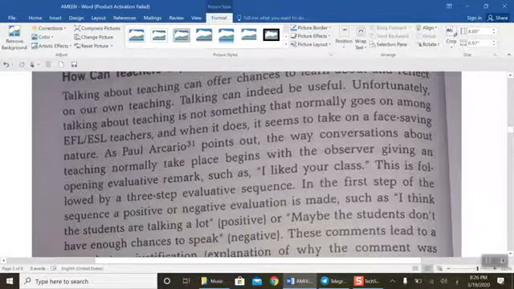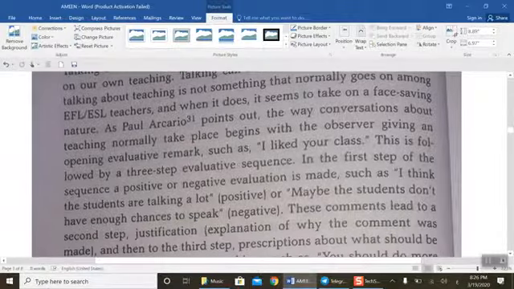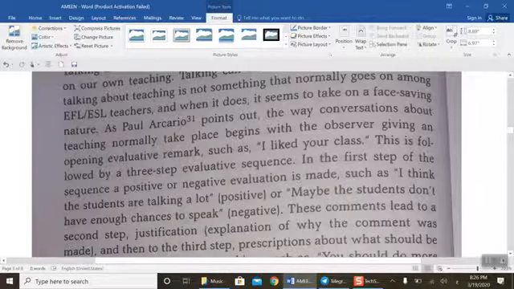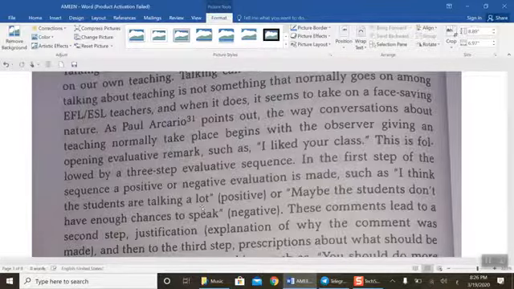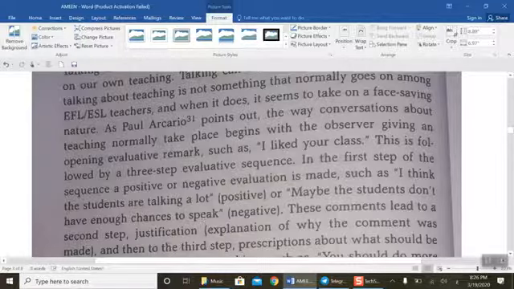In the first step of the sequence, a positive or negative evaluation, which can happen between teachers. A positive one, for example: I think the students are talking a lot. You went down, Mr. Ali, and saw the students speaking a lot of English, so you told him, your students are talking a lot, they are talking English a lot.